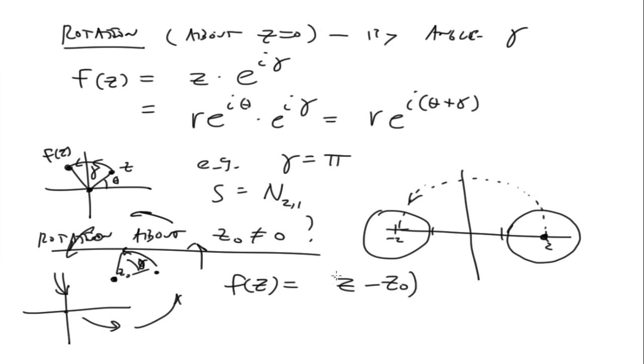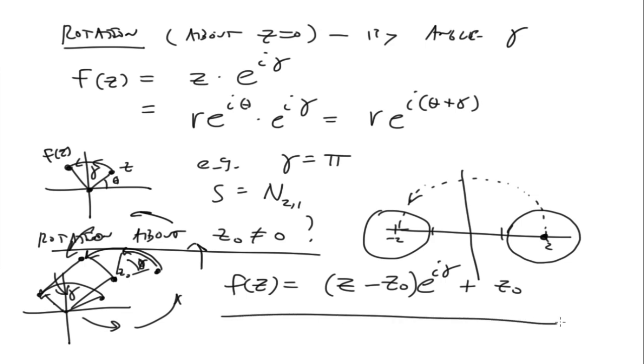And then we multiply by e to the i gamma, and that rotates everything. So I take this point out here, and it gets moved down to here, and then it gets rotated around by gamma. And now I need to add z naught to bring it back. So that causes that rotation around. Okay, so that would be a rotation around the point z naught.